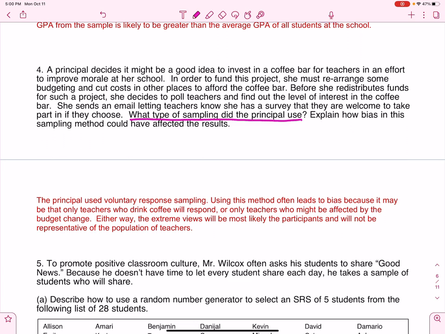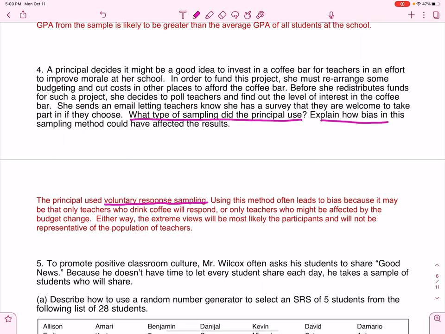Anytime you're just throwing out there, hey, answer my survey if you want, that leads to voluntary response sampling. That's the kind of sampling it is, which means it's going to lead to voluntary response bias.